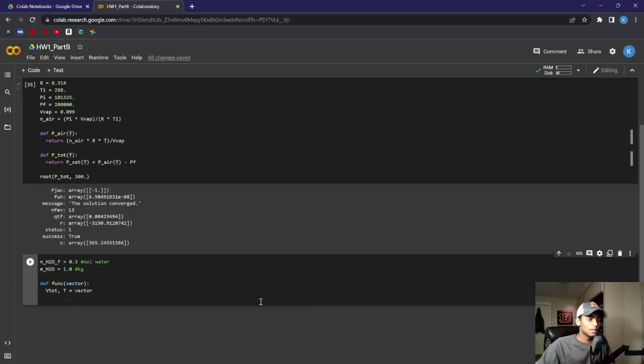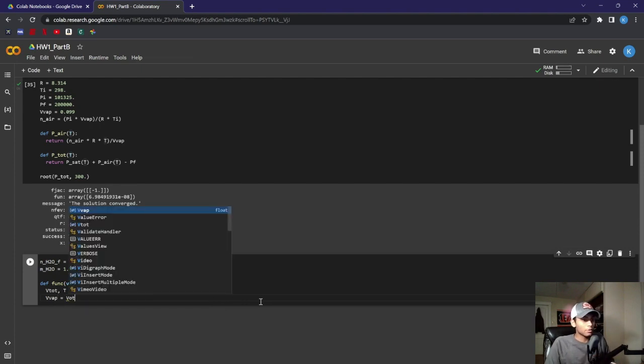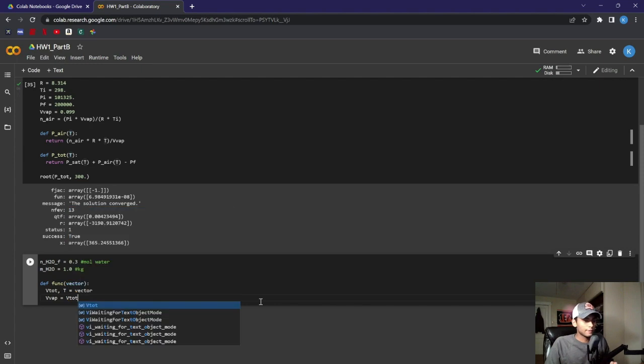And so let's go ahead and say that our VVAP, in this case, this is different from the last case, our VVAP is going to be equal to our total volume minus our mass of water divided by 1,000. And we do that because we know that the density of water is 1 kilogram per liter, or 1 kilogram per 1,000 milliliters.